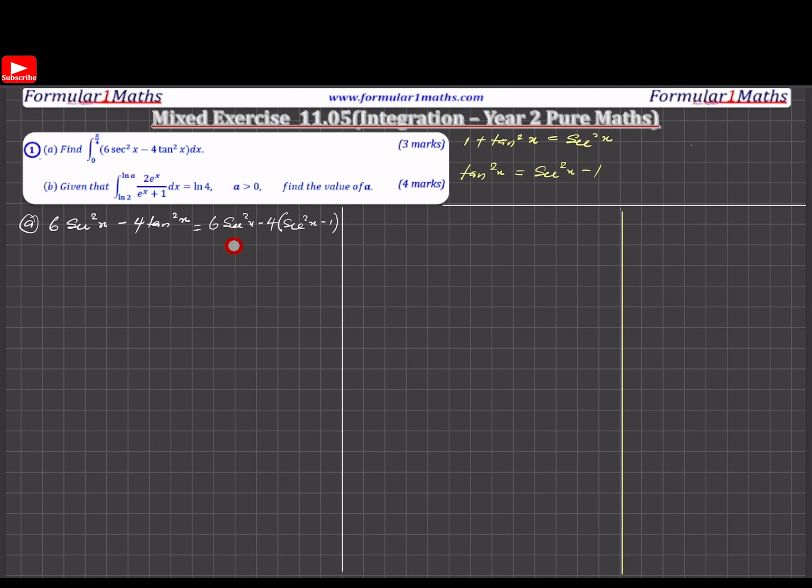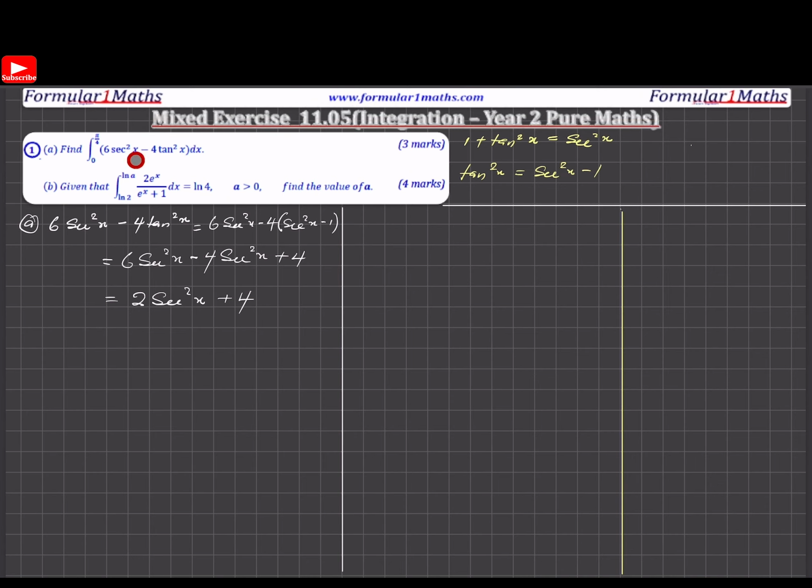So I'm now going to expand this to get the following. 6 sec squared x minus 4 sec squared x plus 4. These two terms are like terms, so we can simplify further to get 2 sec squared x plus 4.